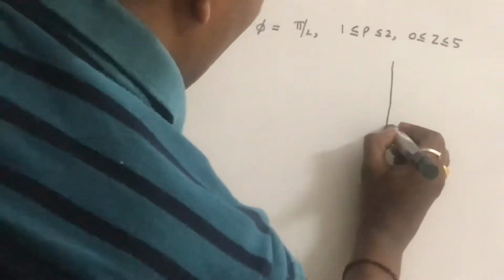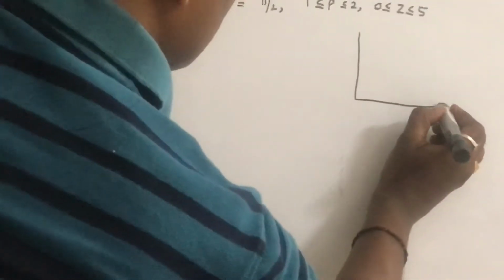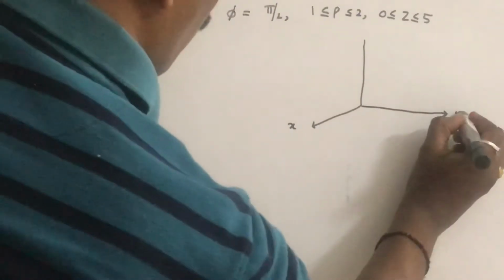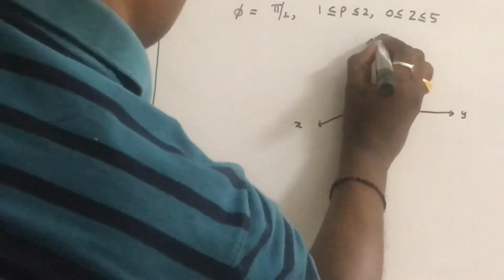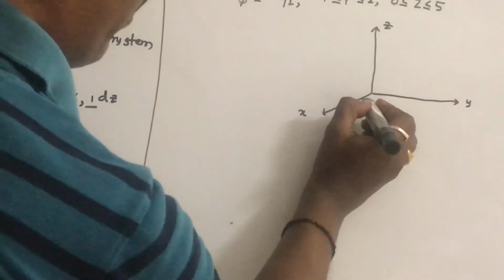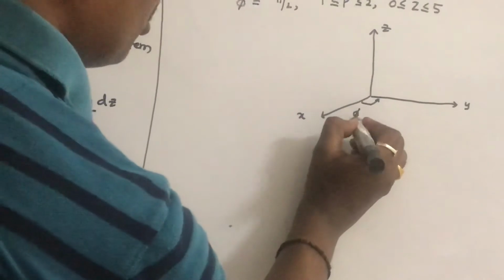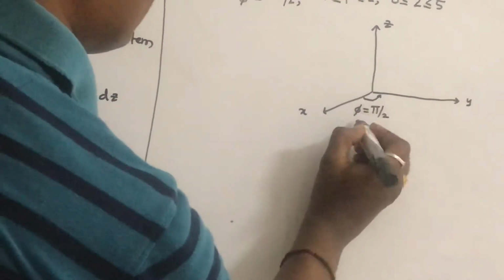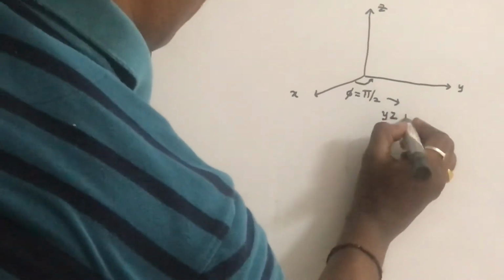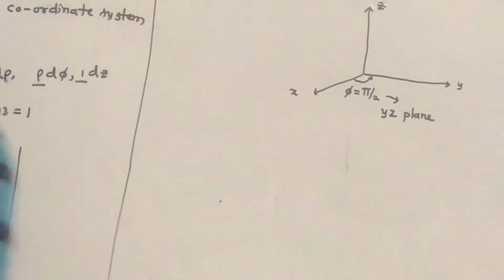Let us draw a diagram of how this surface looks. This is x, y, z. Phi equal to pi by 2 is nothing but the yz plane.